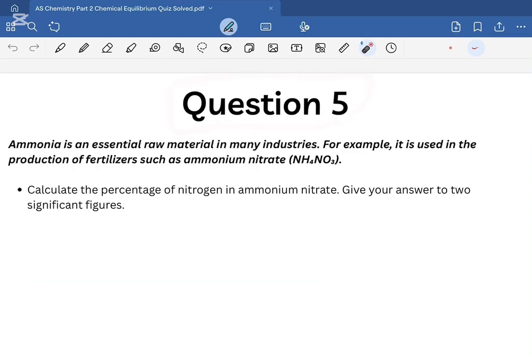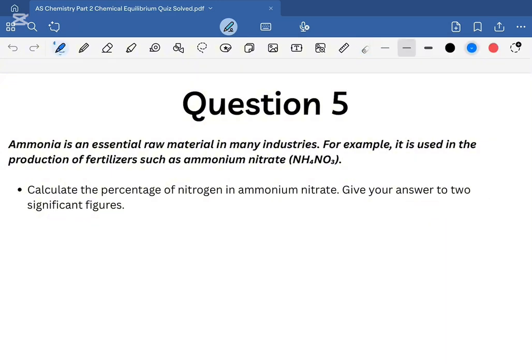Question 5. Ammonia is an essential raw material in many industries. For example, it's used in the production of fertilizers such as ammonium nitrate, NH4NO3. Now, they said calculate the percentage of nitrogen in ammonium nitrate and give your answer to two significant figures.